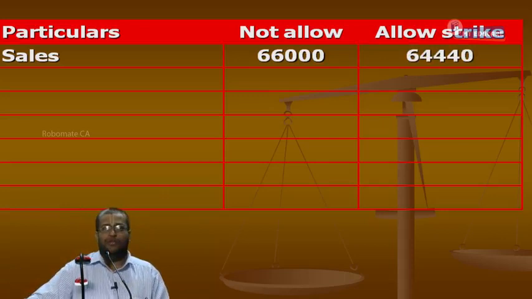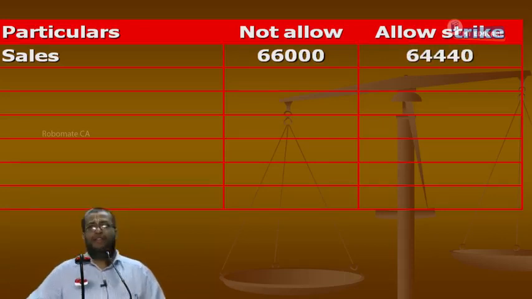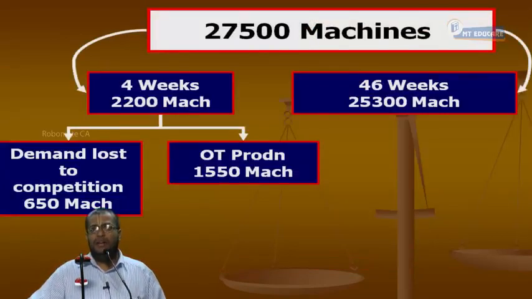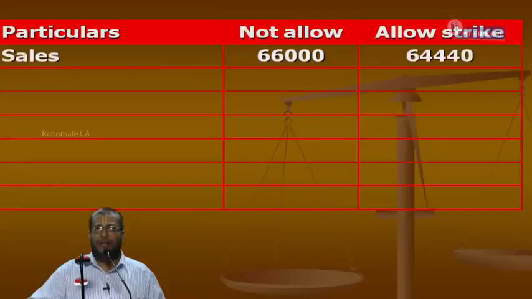In bracket, if you want, write how I got it: 26,850 into 2,400 gives 64,440, followed by 3 zeros. I am writing numbers in thousands.